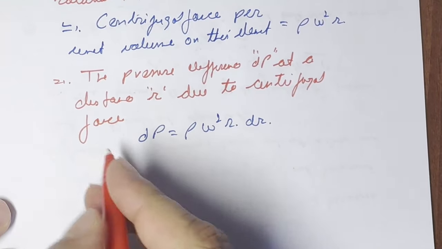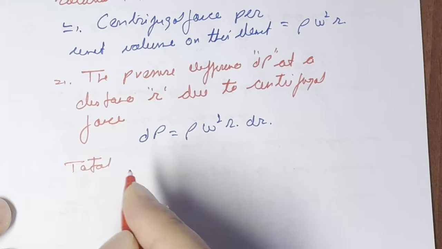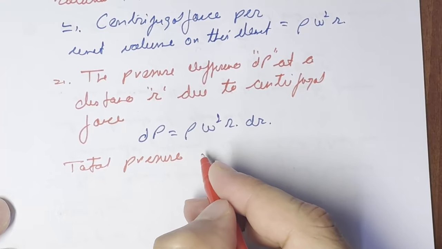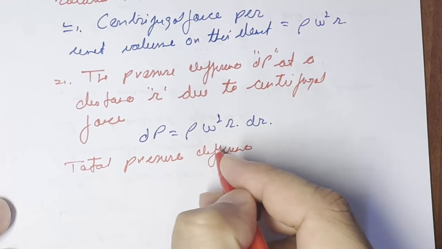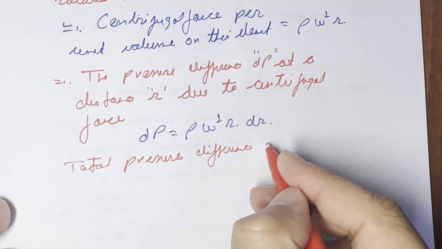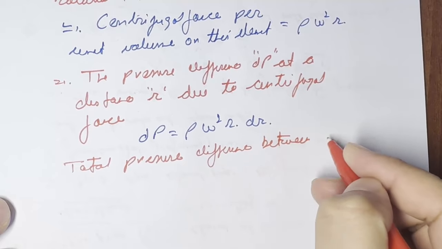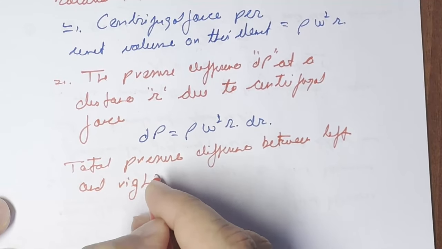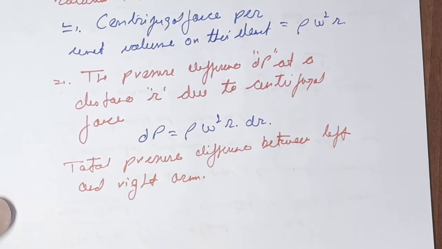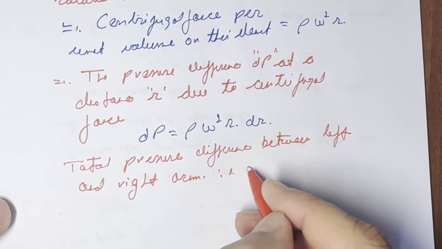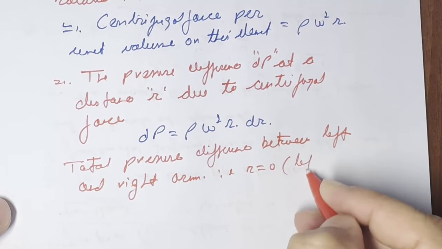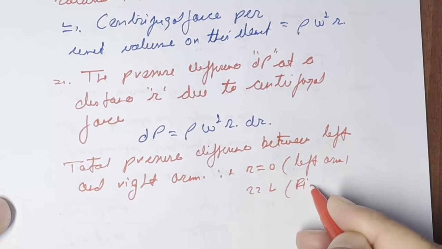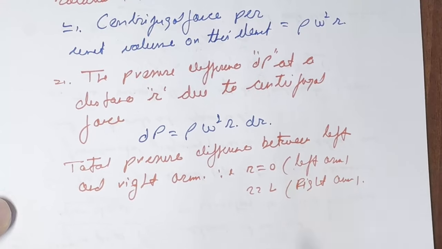So we write total pressure difference between left and right arm, that is from r is equal to 0, which is our left arm, up till r is equal to capital L, which is our right arm.